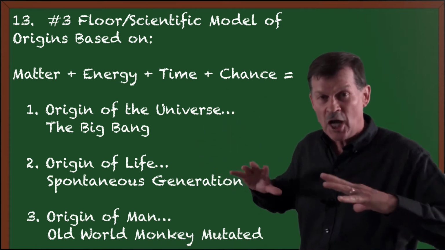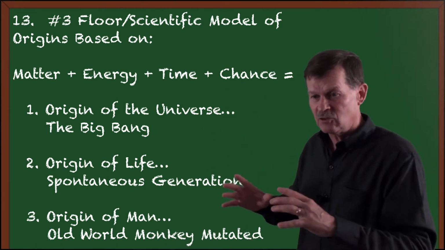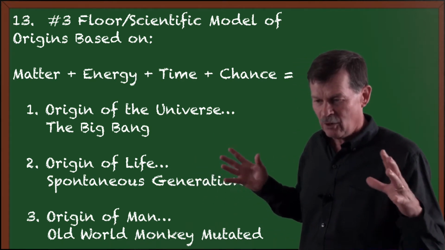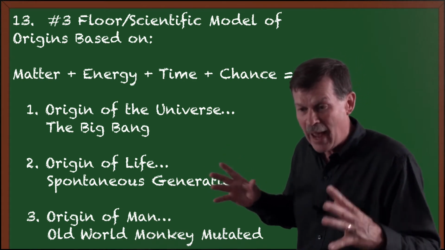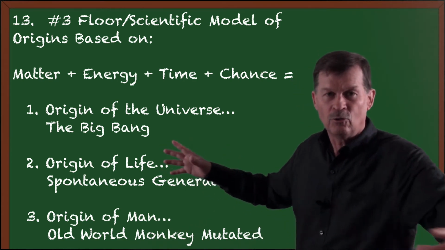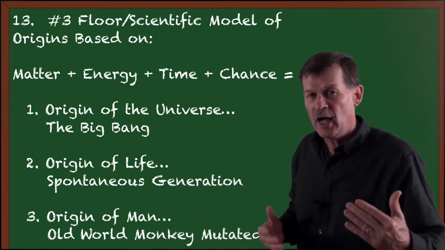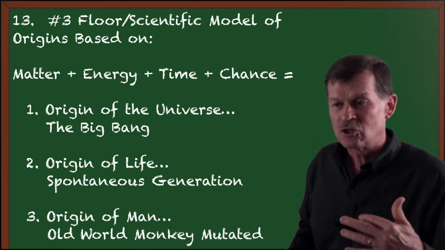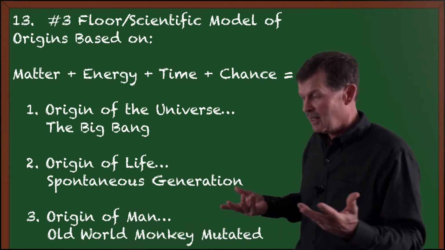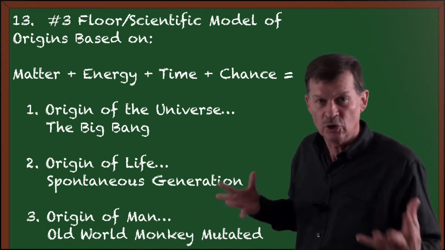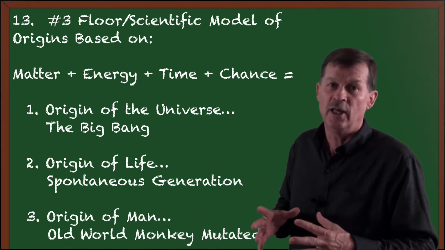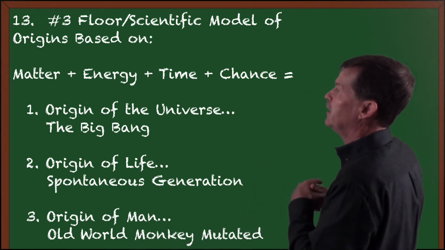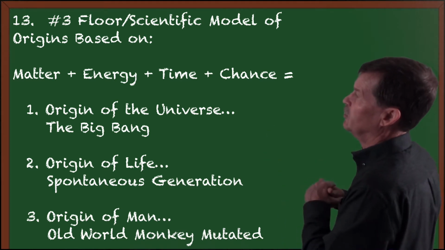And over time and by chance, that explosion hurled all these pieces, all this matter, into the outer reaches of space, and over time and chance they formed into galaxies, star systems, planets. They formed into what we observe today and what we are standing on today, planet Earth. So it was time, matter, energy, and chance. The origin of the universe: Big Bang.